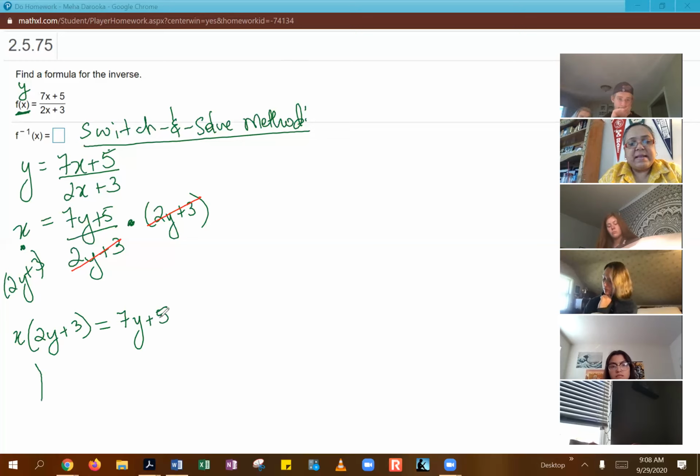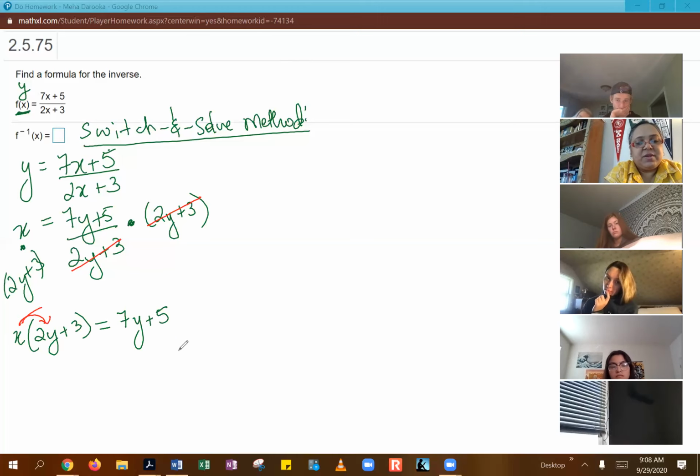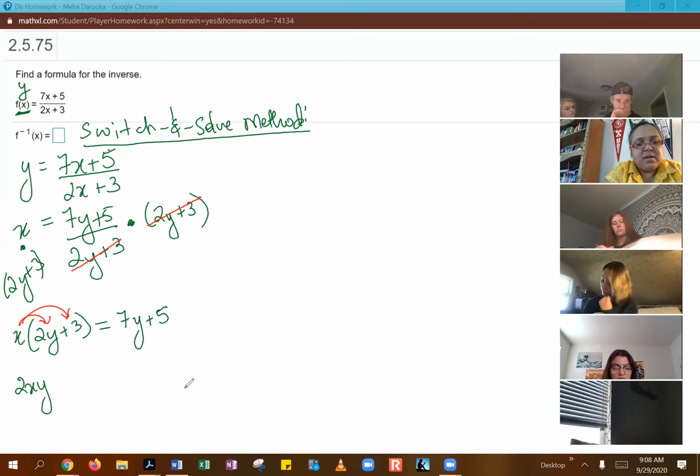Again, guys, remember our ultimate goal is to get the y terms together and move everything else to the other side. So to achieve that, the first thing we're going to do is take this x, distribute it inside our parentheses. So that will end up giving us 2 times xy for that first term plus 3 times x.